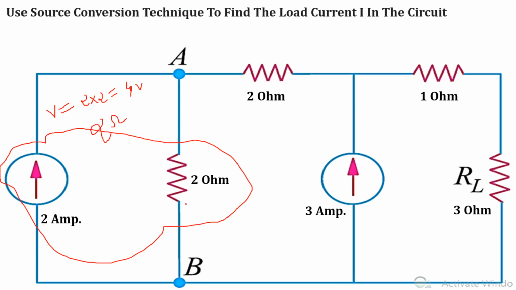So this current source with parallel resistance will be replaced by a voltage source of 4 volt and series resistance of 2 ohm.